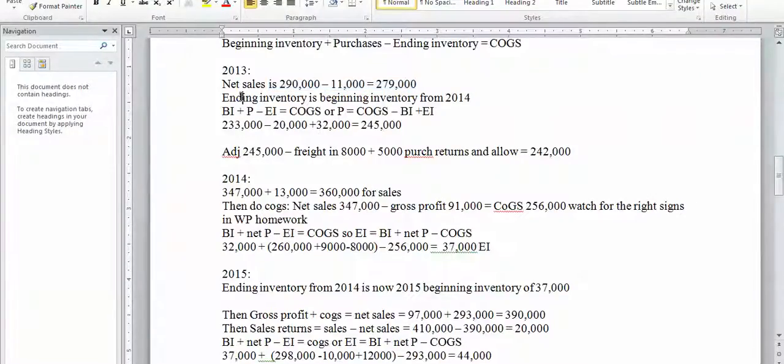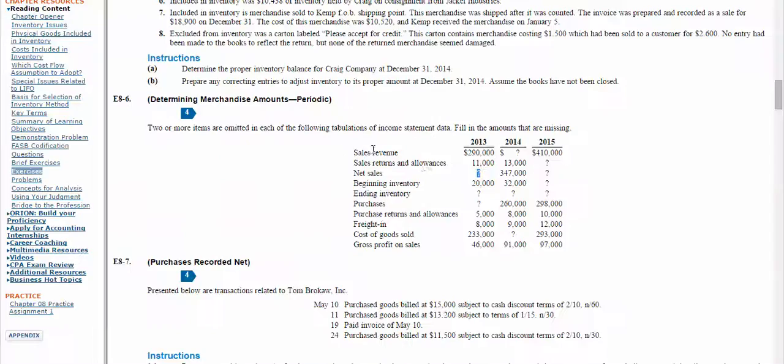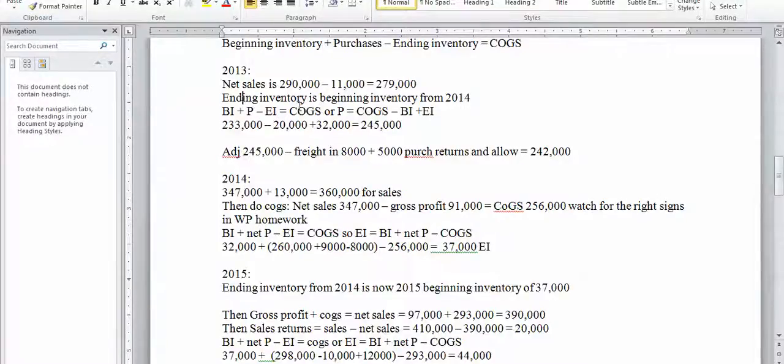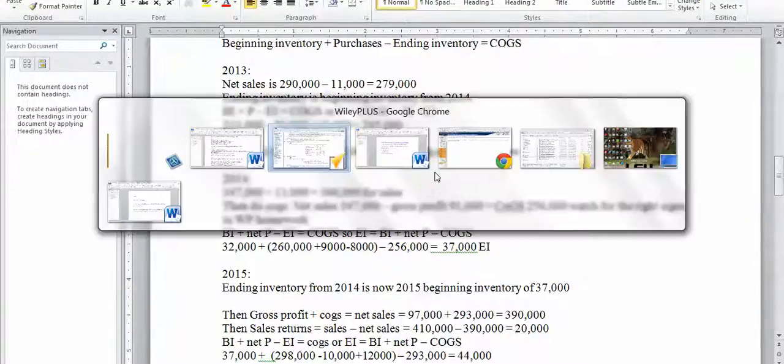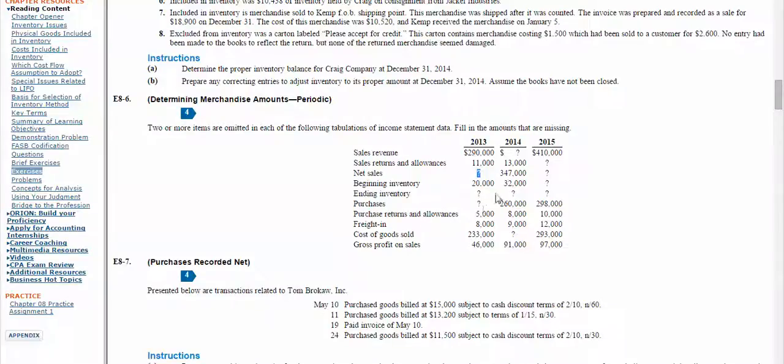Next, we'll figure out ending inventory for 2013 from 2014. We don't know the ending inventory for 2013, but they give us a beginning inventory for 2014.